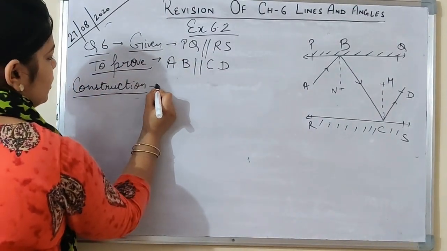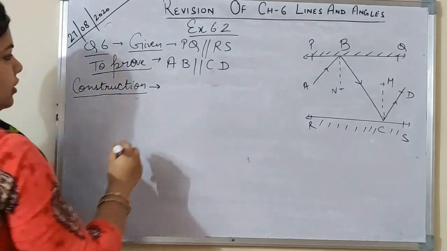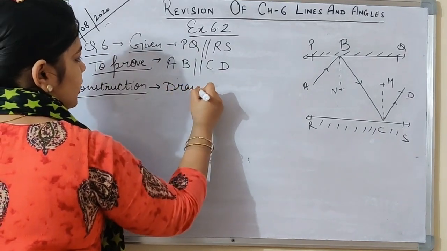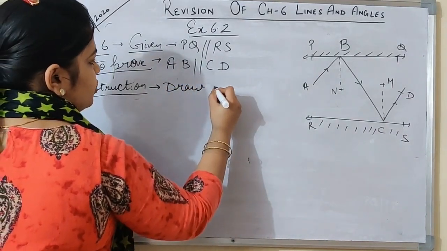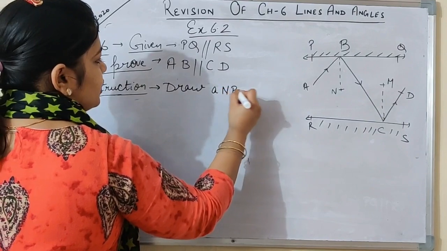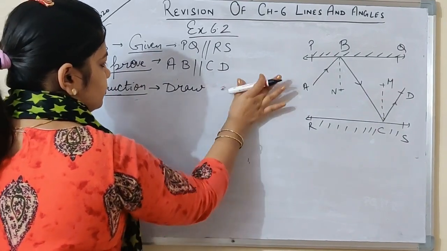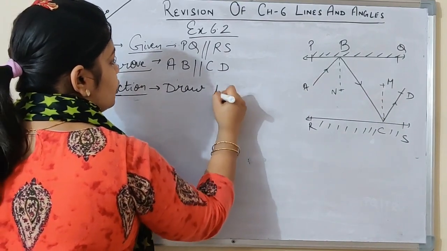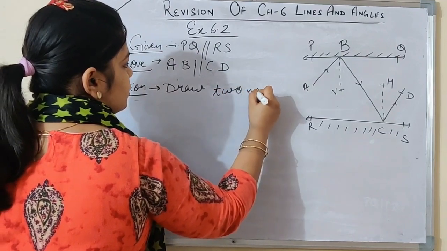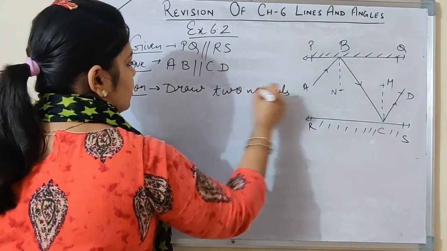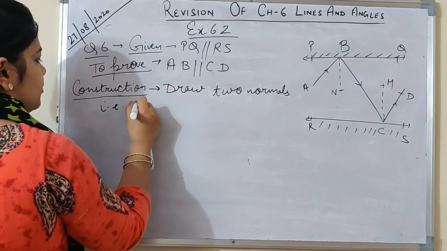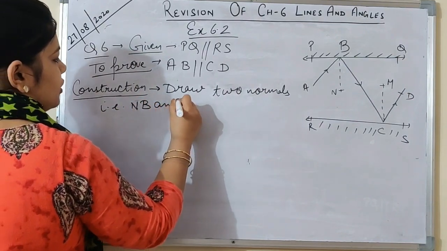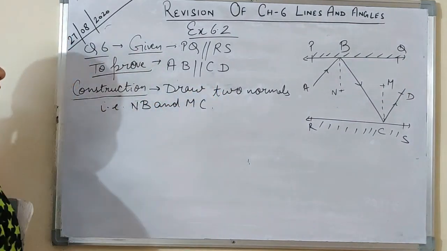What we will do here is a construction. In construction, I am drawing two normals, that is NB and MC. Write it like this.